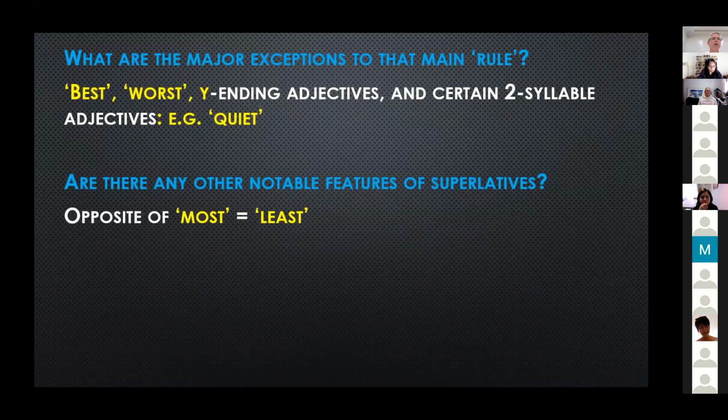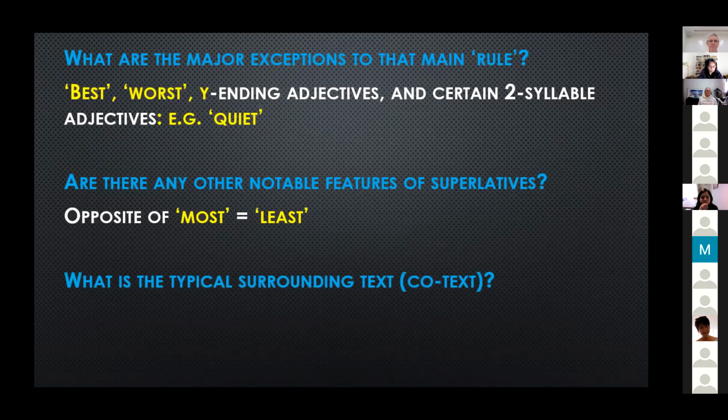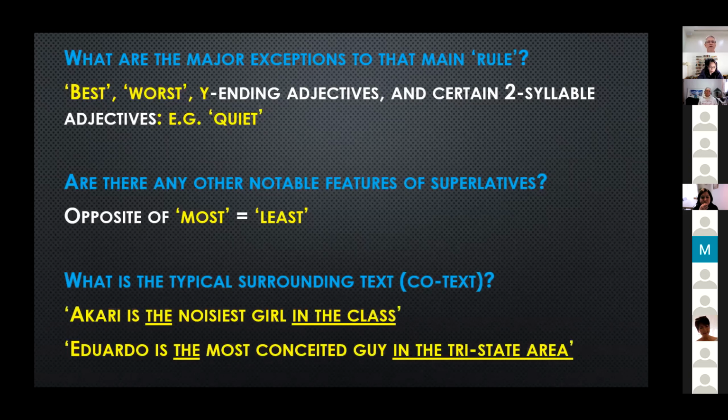But now, even more. So we think we're teaching students the superlative. Here's something else. What is the typical surrounding text? This is very important for communication. Notice this, when we are using the superlative, we almost always use the definite article, "the," and we always include some kind of context: in the class, in the tri-state area.